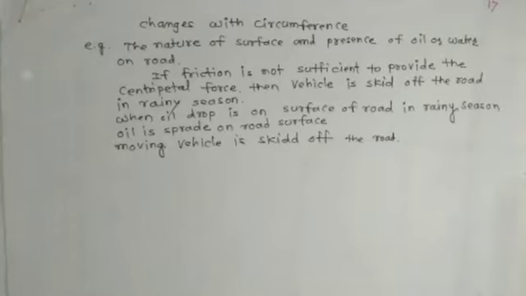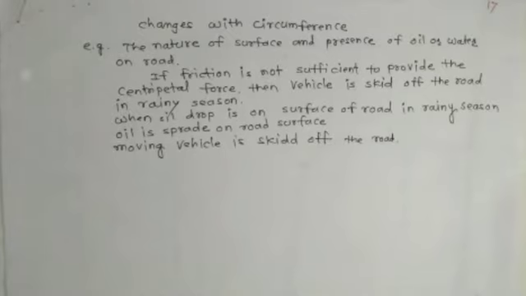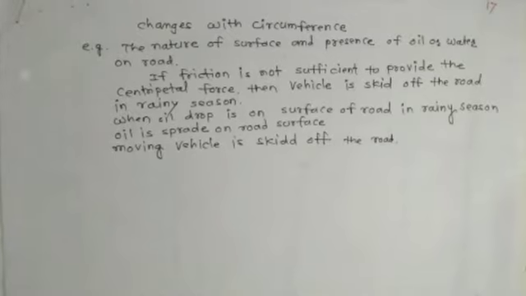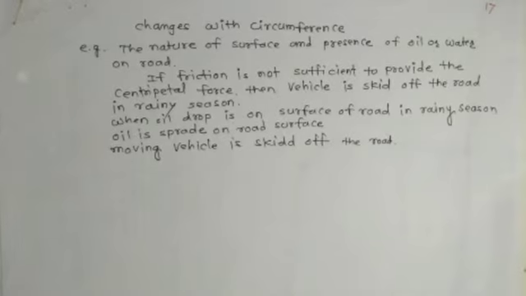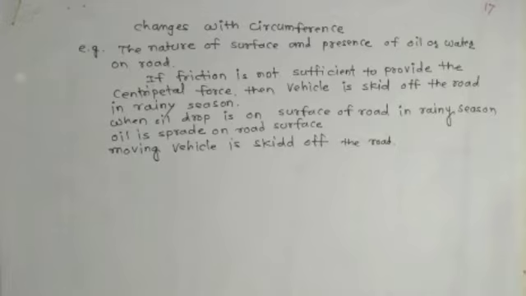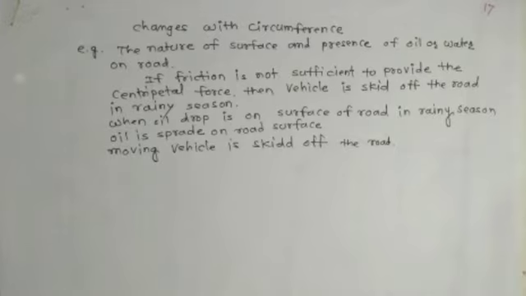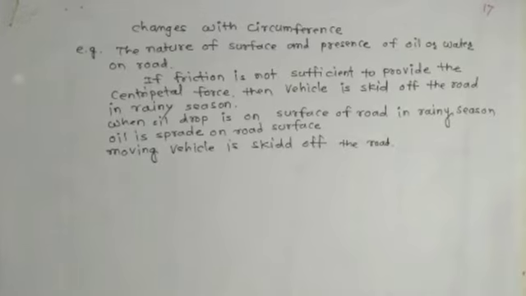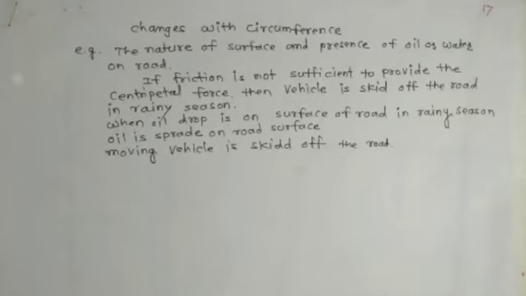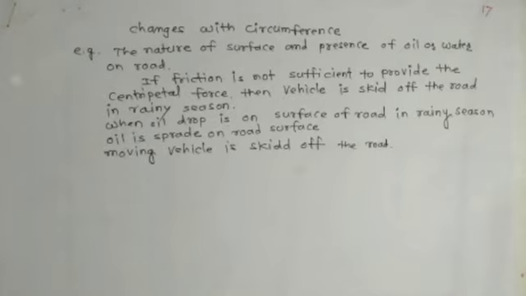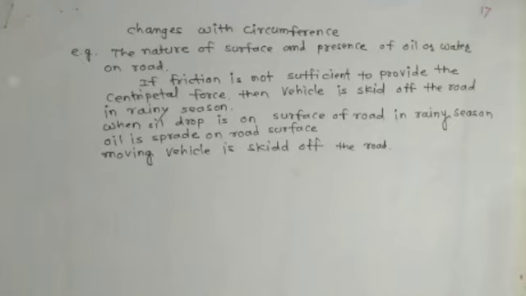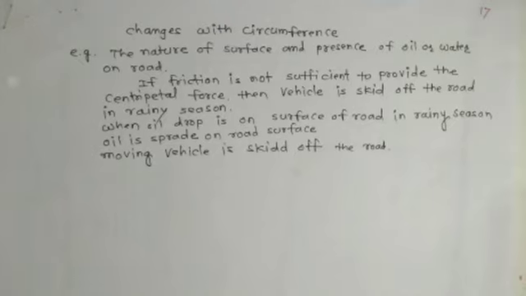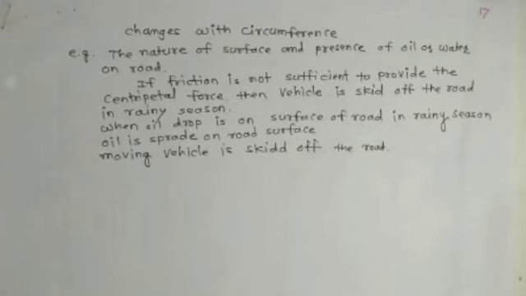If friction is not sufficient to provide the centripetal force, then the vehicle will skid off. In the rainy season, when oil drops are on the surface of the road, oil is sprayed on the road surface, so a moving vehicle skids off the road.